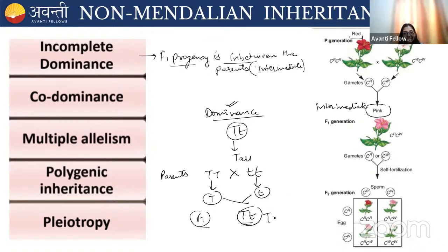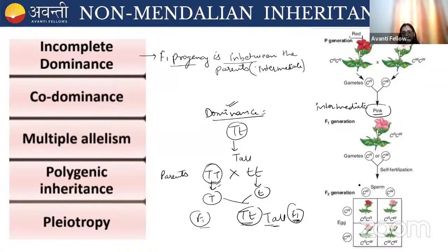This capital T is tall. That means the F1 progeny is resembling one of the parents. Here, this parent is tall, so the F1 progeny is also tall. So this F1 progeny is resembling one of the parents in case of dominance. But in case of incomplete dominance, you have observed that we are obtaining the intermediate. That is why it is called incomplete dominance.